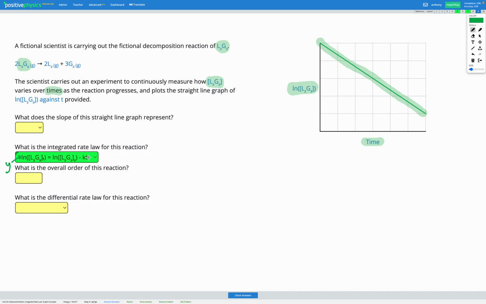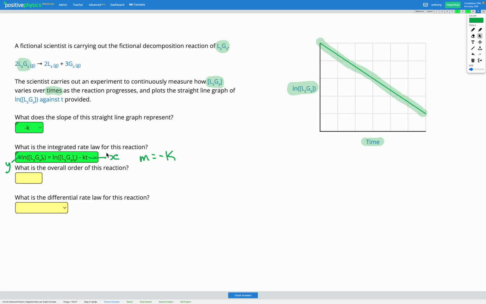On the x-axis, we've got time. So my slope must be whatever's multiplying x, which is negative k. So negative the rate constant. And that makes sense because our graph shown here is sloping downwards. It's got a negative slope.